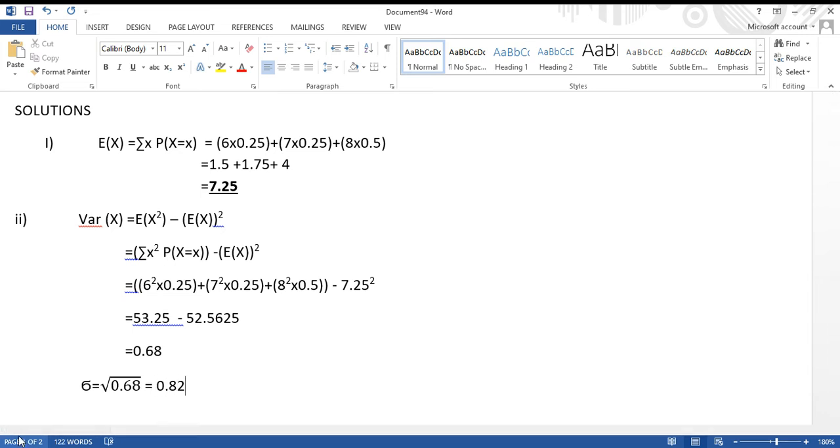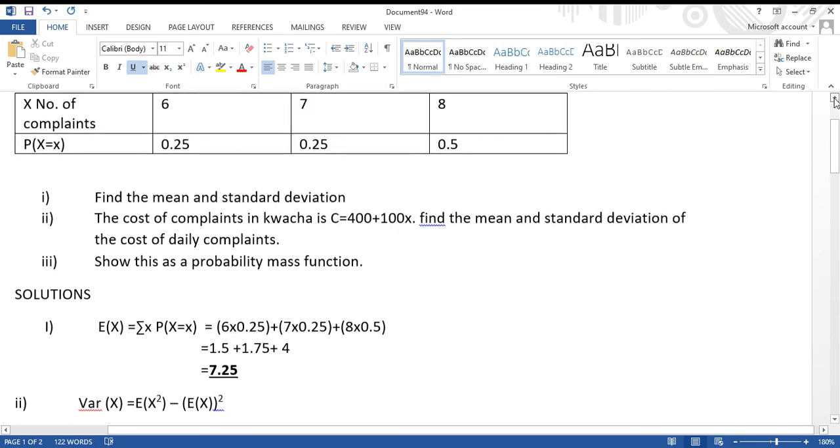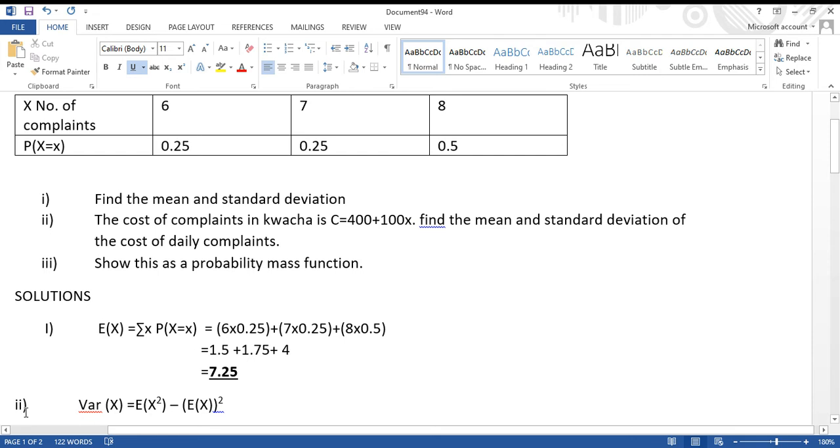We leave it to two decimal places, 0.82. So we are done with part one.